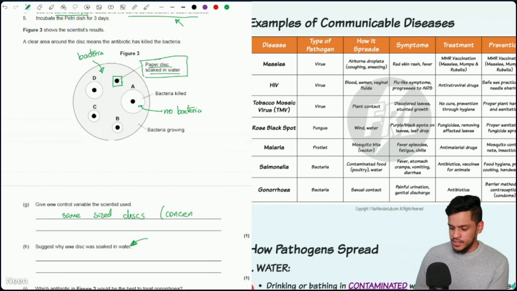It's not a different experiment. If it was loads of different petri dishes, then you could say that. But because it's all happening in one, you can't really say that. But you can say concentration of antibiotic.